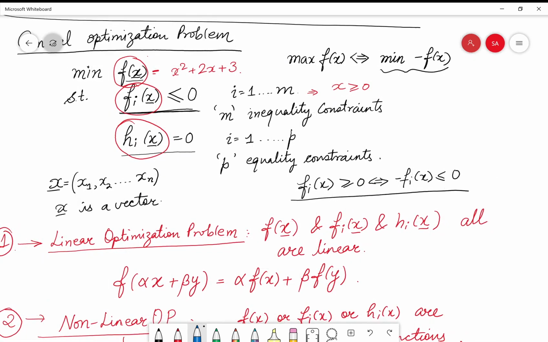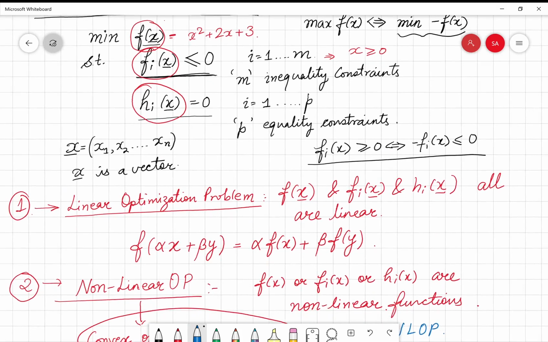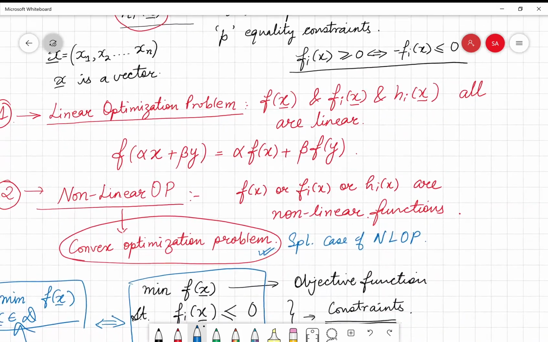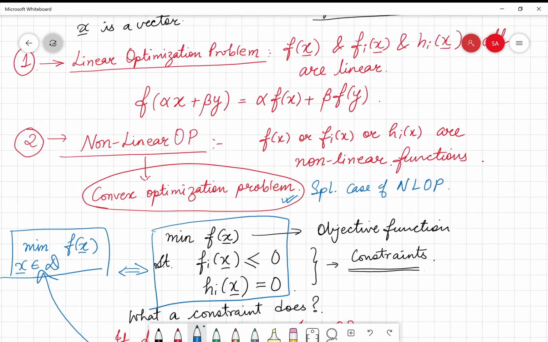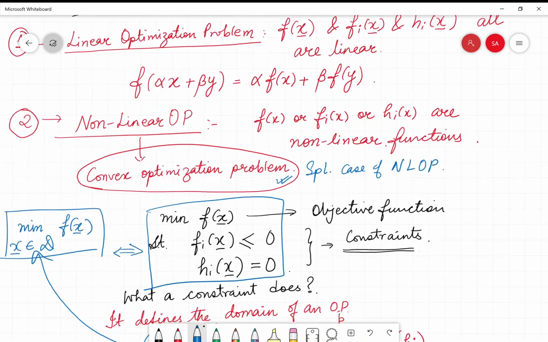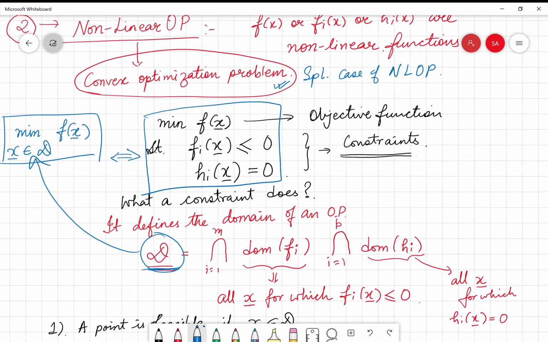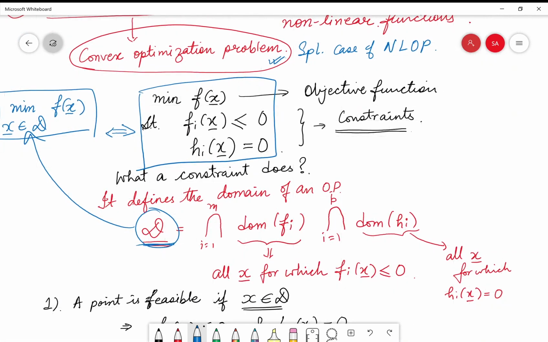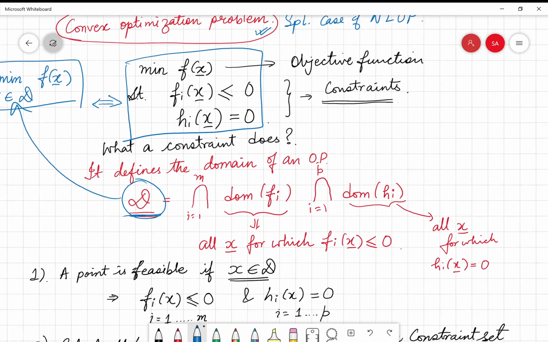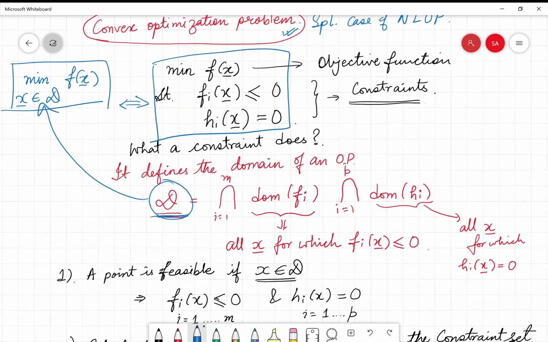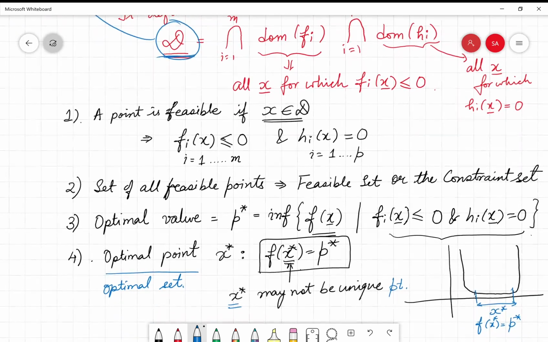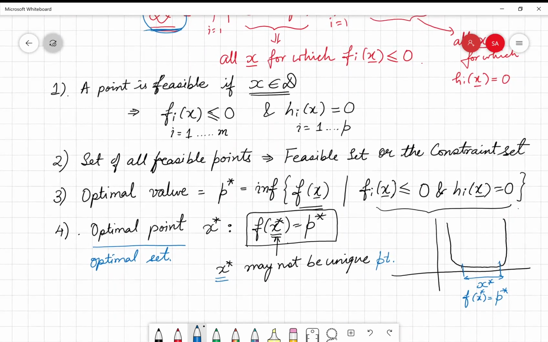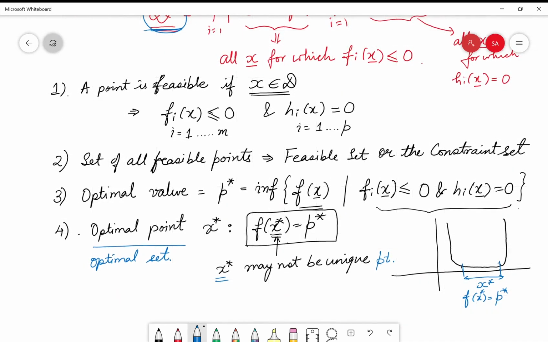We talked about a linear optimization problem. If all the functions are linear, then it is a linear optimization problem. And if some of the functions are non-linear, then we have a non-linear optimization problem. Then the constraint provides the domain to the problem that we saw. And then we defined some of the terminologies in the optimization problem.